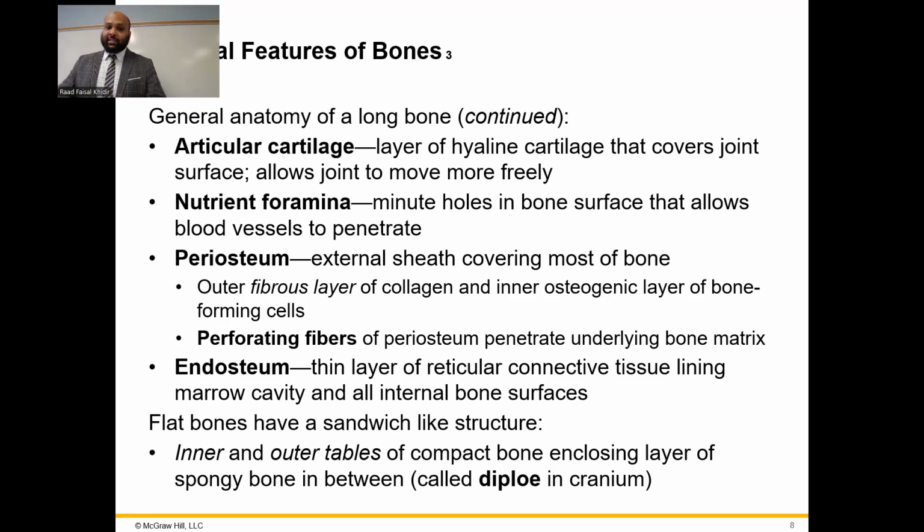This is hardening in the hyaline cartilage, and that comes with arthritis. So, our inability to properly move and rotate our joints. The nutrient foramina. These are minute holes in the bone surface that allow the blood vessels to go through.